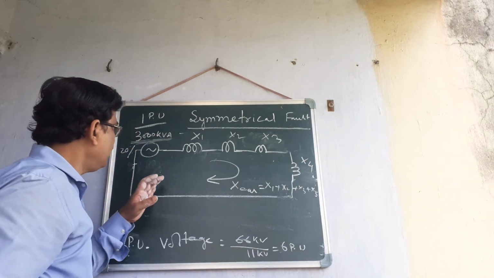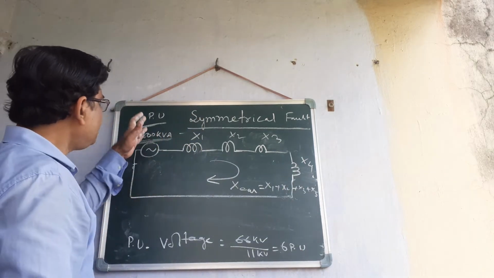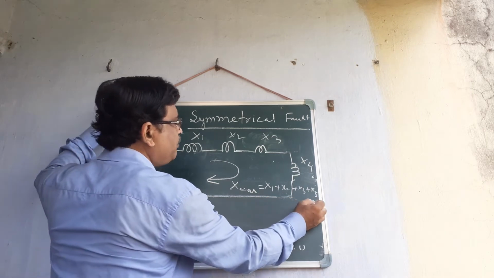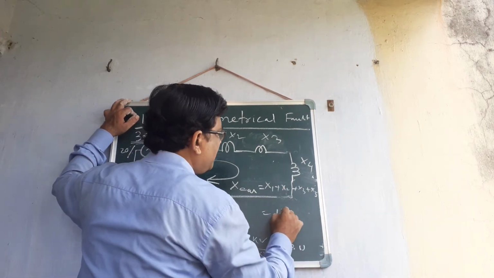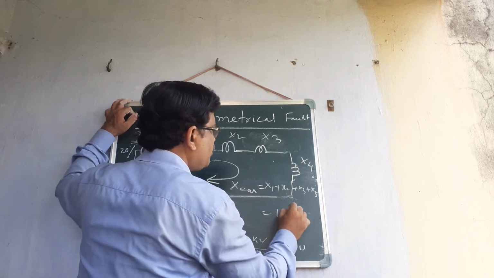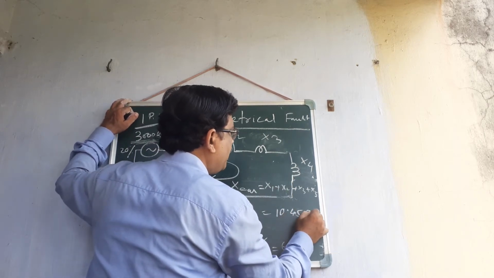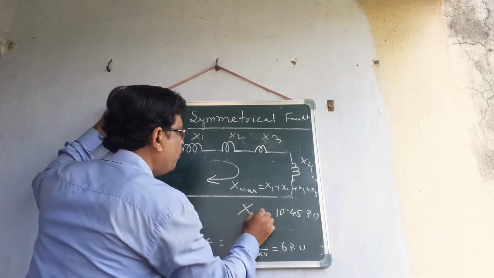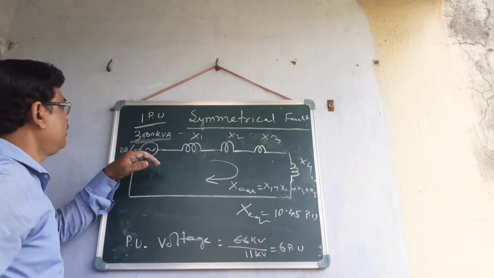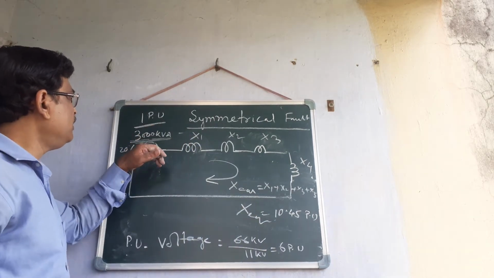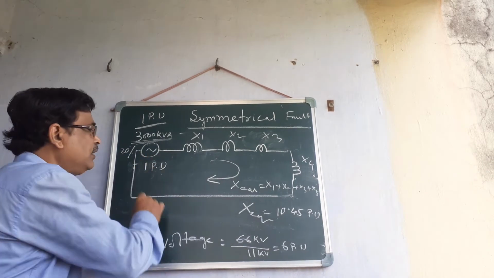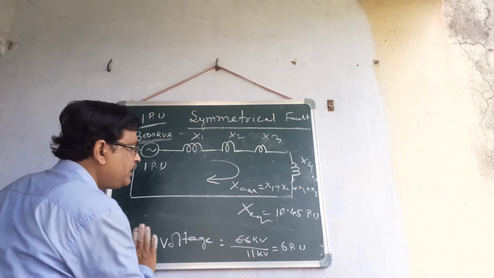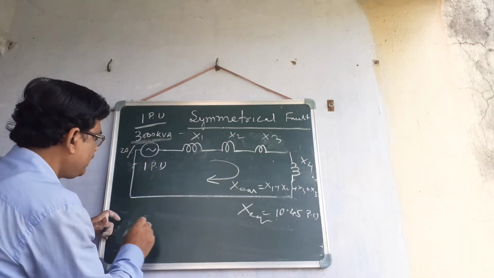And once its voltage is known, and all these are per unit, suppose it is 10.45 per unit X equivalent, and its voltage is 1 per unit. Then what will be the fault current?